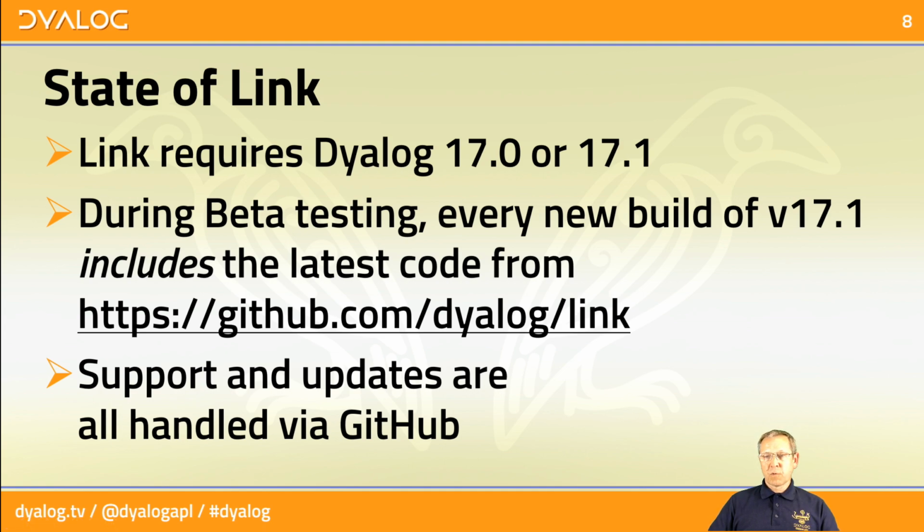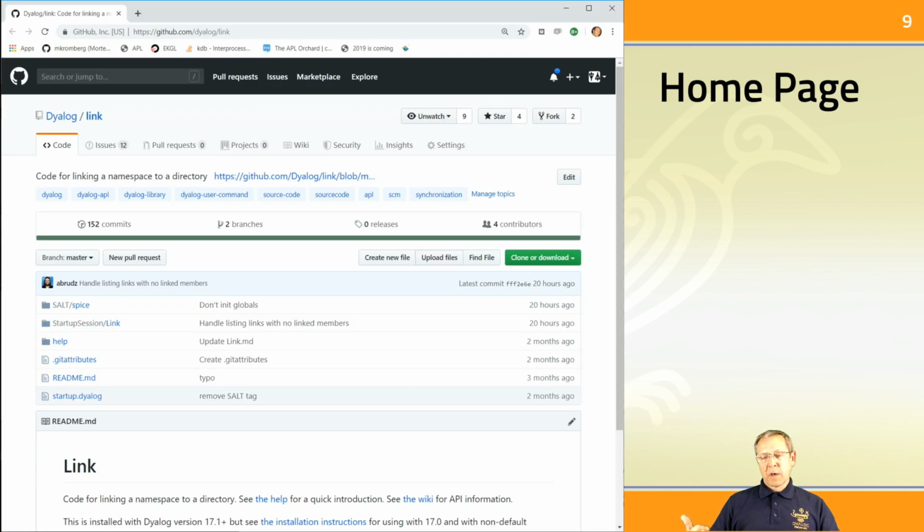So all the support and updates are handled via GitHub. Of course, if you're paying Dyalog for support, you're always welcome to send support queries to support@dyalog.com. If you're not comfortable with putting your questions or problems out in public on the GitHub repository, we will accept requests. But we're trying to see whether we can get community involvement in the coding on this.